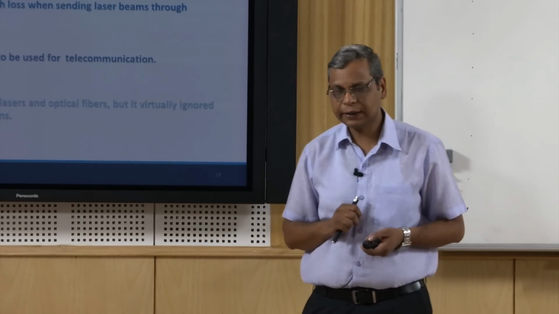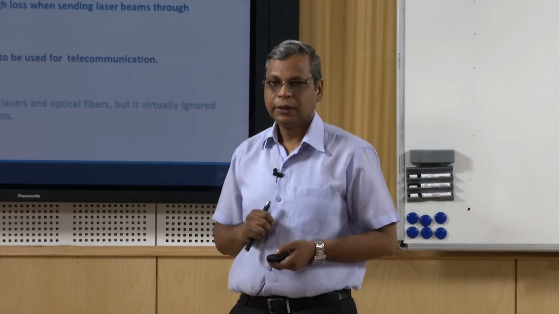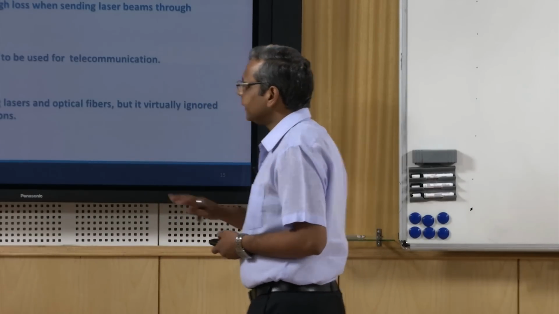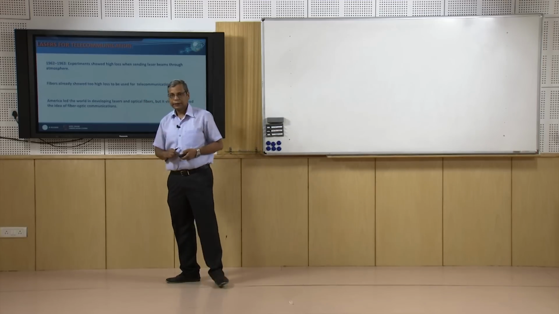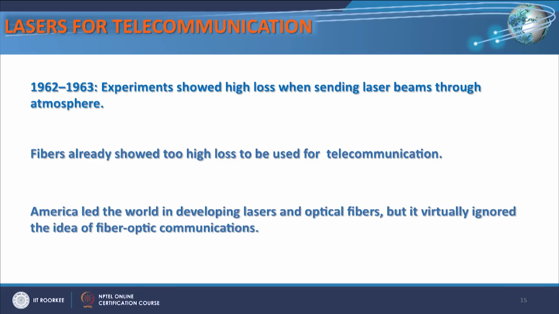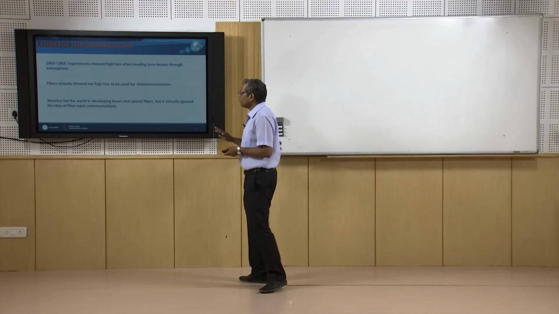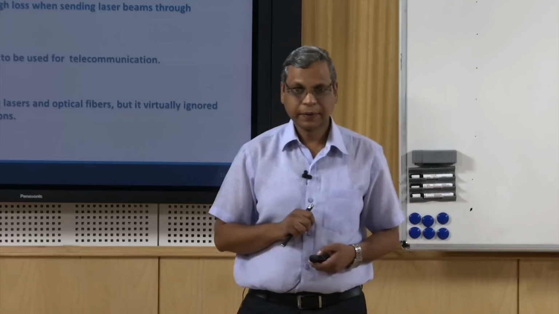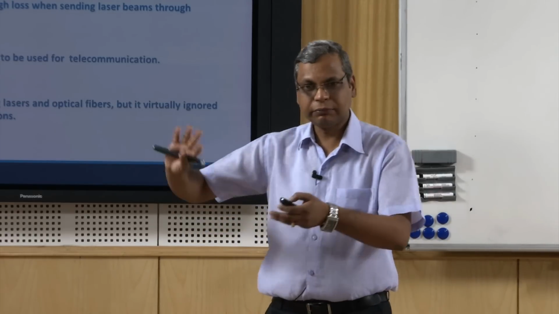They thought that it could never be used for communication. At that time America was leading the world in developing lasers and optical fibers, but for different applications. America virtually ignored the idea of fiber optic communication. So it was put in a cold bag.